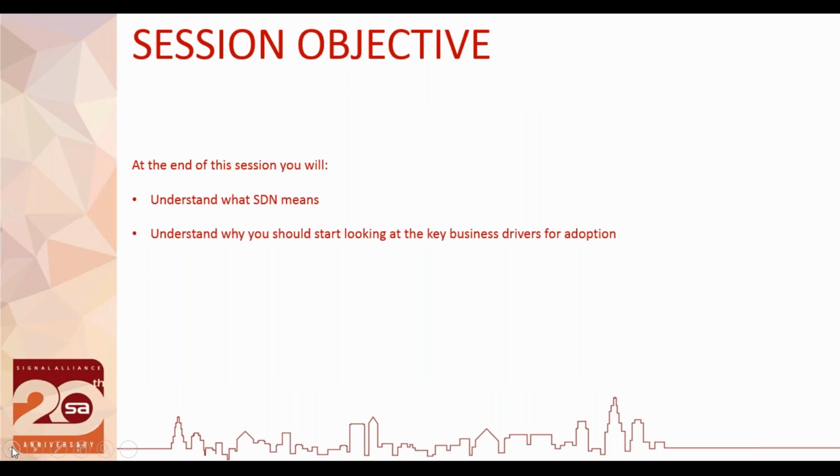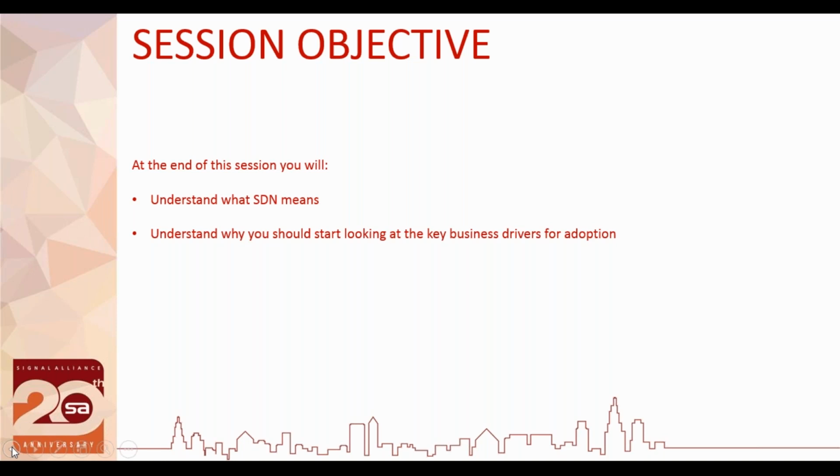The session objective is two major things. If something is supposed to optimize your network, if something is supposed to optimize your business so that you're more agile, more flexible, more responsive, then you have to understand what that thing is before you begin to look at how it will really achieve what we have promised.